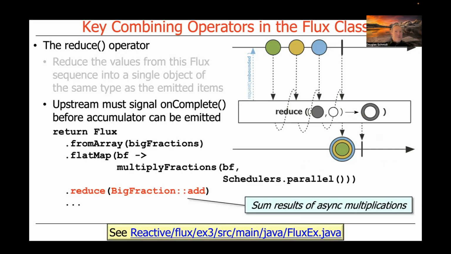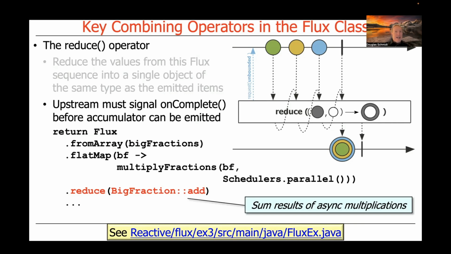Now, something important to remember here. Reduce only works if the upstream in the flux, something up the chain, ultimately generates the on complete signal. For example, if you're going to multiply a bunch of things together, perhaps using the flatMap concurrency idiom as we're showing here, then you want to reduce the results to a single result.